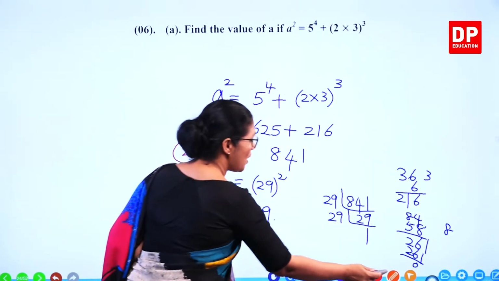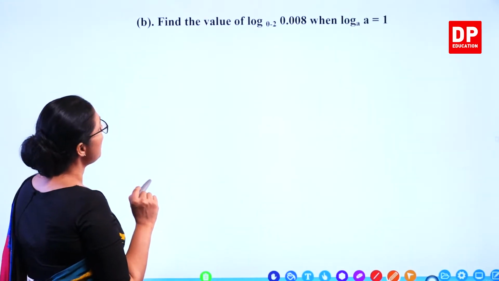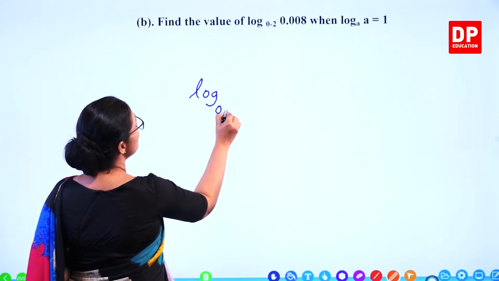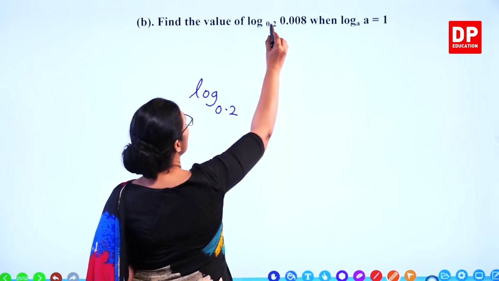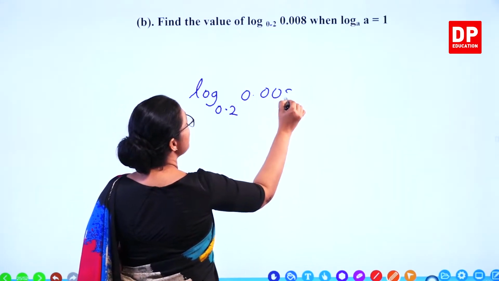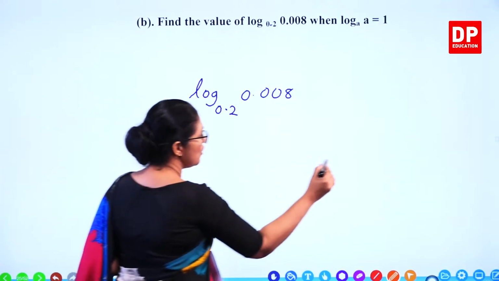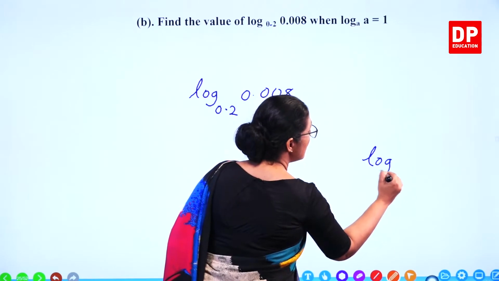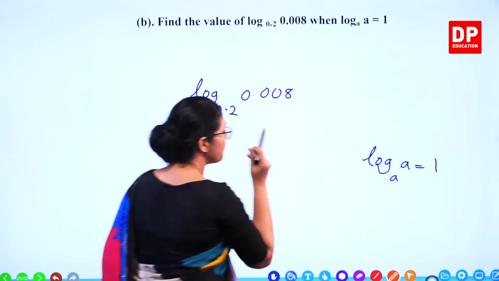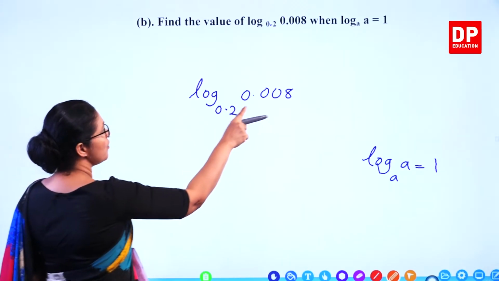Let's take the next one. Find the value of log 0.2 of 0.008. When log a to the base a equals 1, we know that it's a law of logarithm. Same base, same number, you get 1. Now we'll try to use that. How can you write this number?